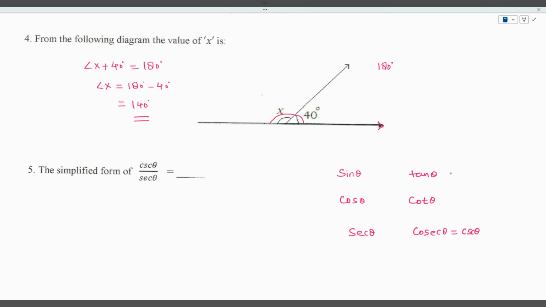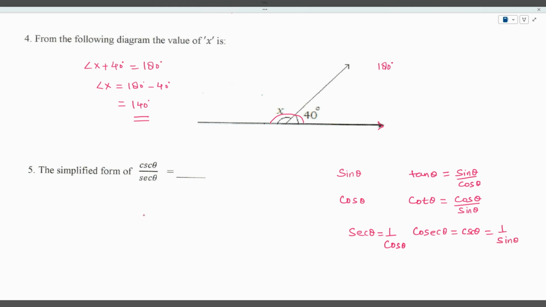You know that tan theta is sin theta over cos theta. Cot theta is cos theta over sin theta. Sec theta is equal to 1 over cos theta and cosec theta is 1 over sin theta.